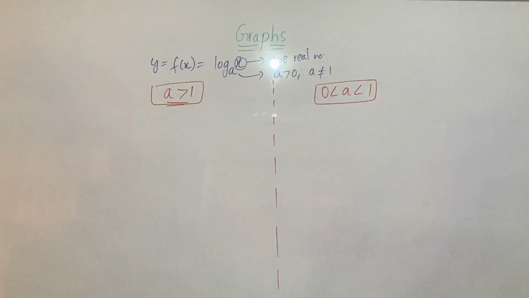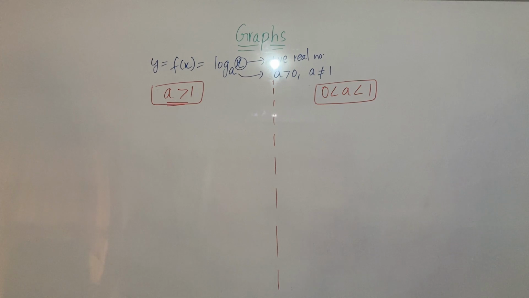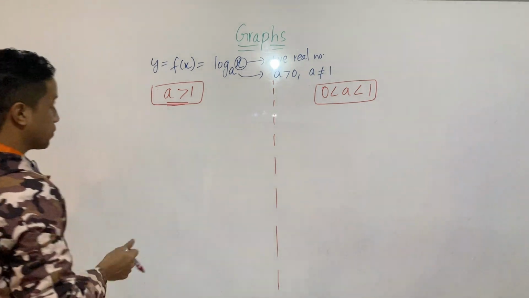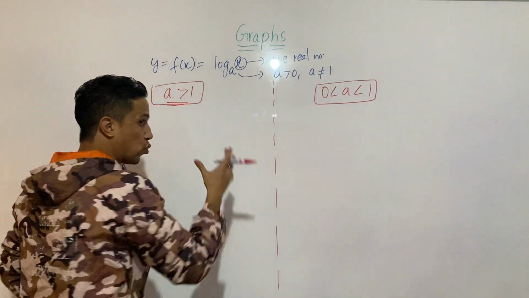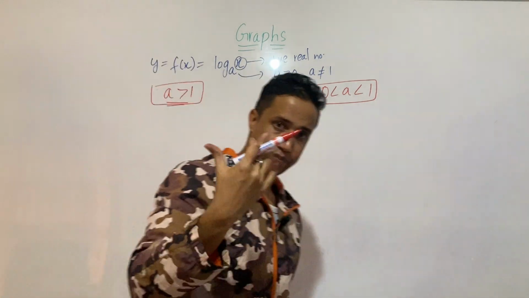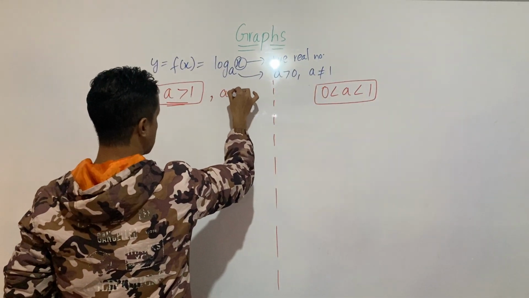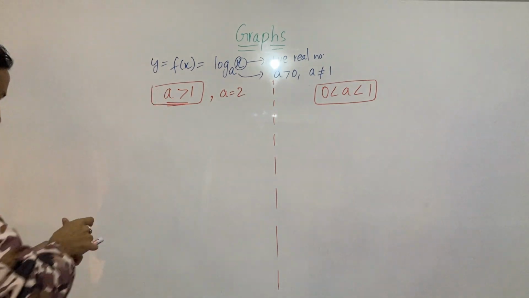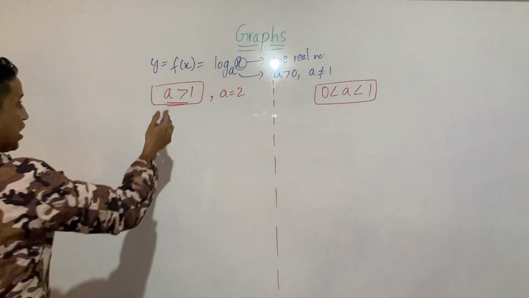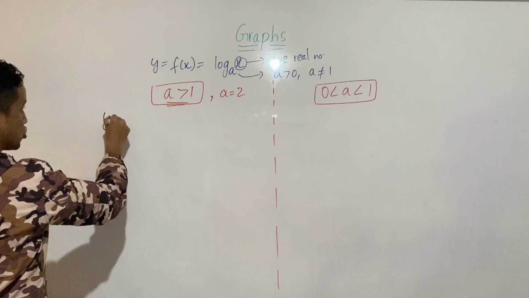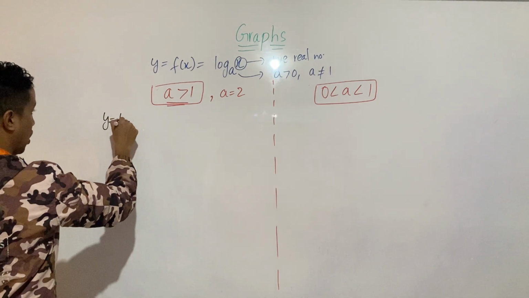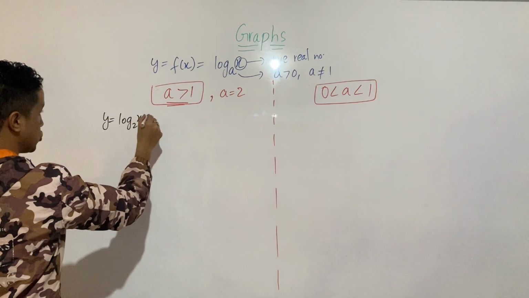Okay, I hope this is visible to you. So here we are going to take base greater than 1. So let's say that here our base is 2. So if our base is 2, then y is going to be log of x to the base 2.